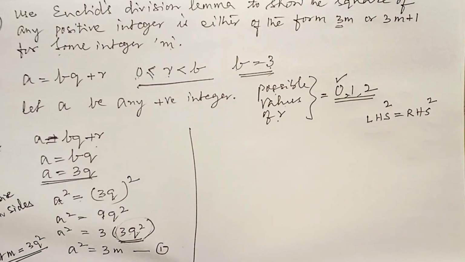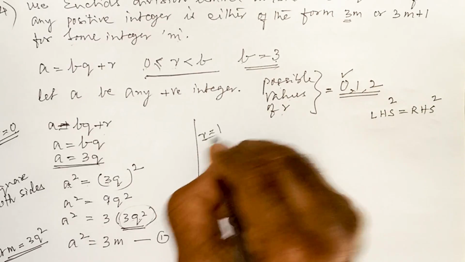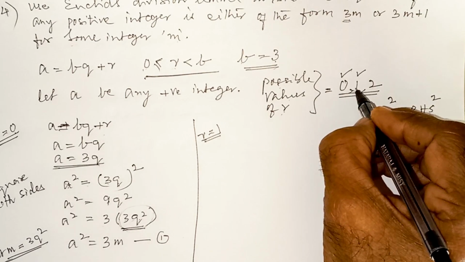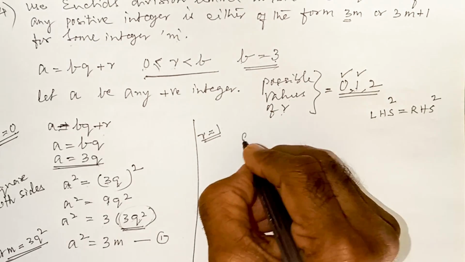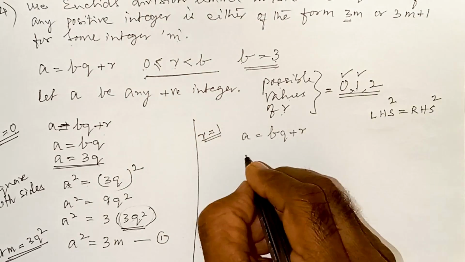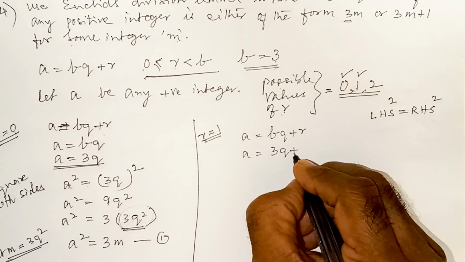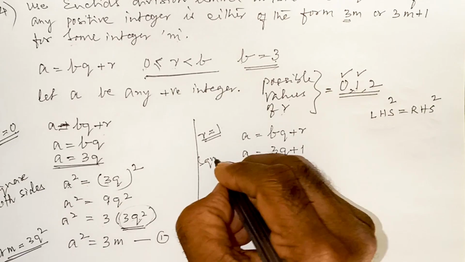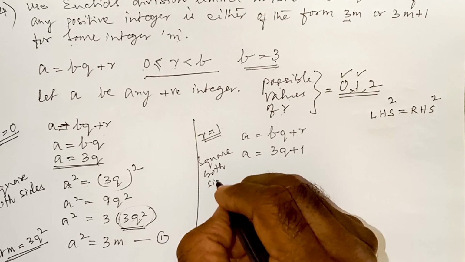The second observation is when the r value is taken as 1. Put this value in our equation bq plus r. a is equal to 3q plus 1, where b is 3, q is written as it is, and this is 1. Now you have to square both sides.